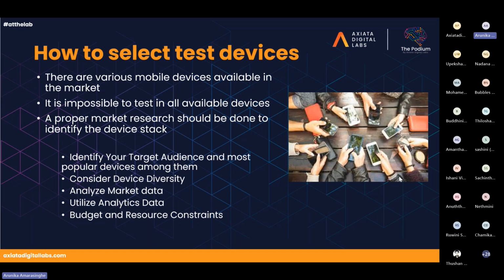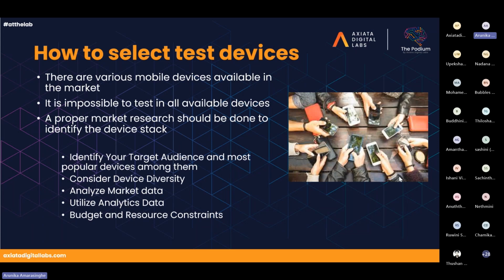So we have to do proper market research to identify the device types. For that, first you have to identify the target audience and the most popular devices among them, and you have to consider device diversity, analyze the market data, and utilize analytic data.